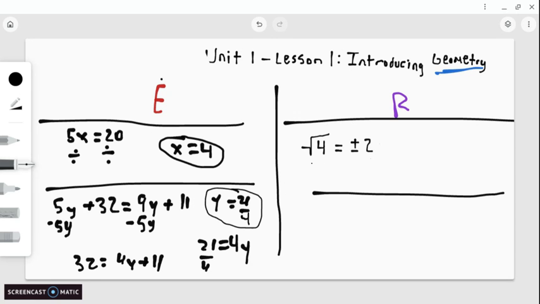That's a perfect square, the ones that come out evenly. But if you don't have a perfect square, if you have something like the square root of 48, you might be asked to simplify it. You probably remember this from Algebra 1. You find two numbers that multiply to get 48, and one of them has to be a perfect square.